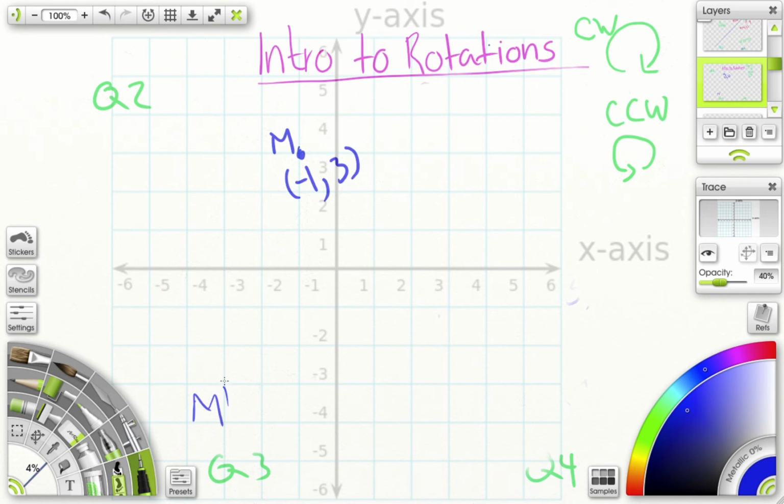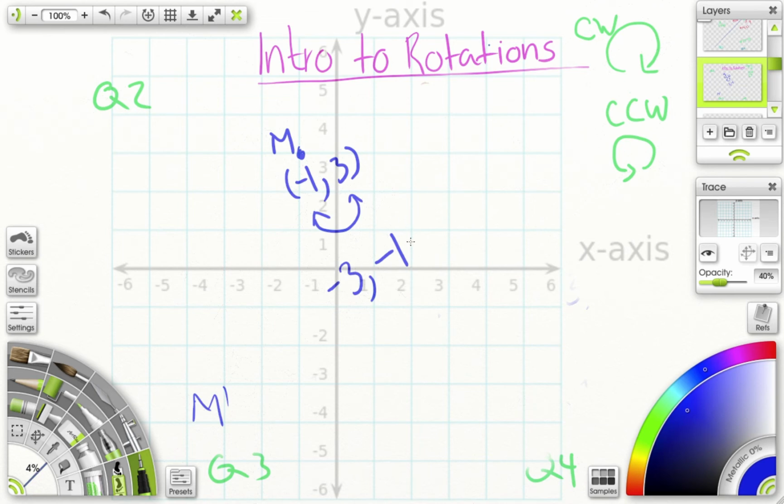How do I do a 90-degree rotation? You switch these two digits around. So it becomes 3, -1. However, your first digit becomes the opposite now. So if my original digit was positive, it's now becoming a negative number.